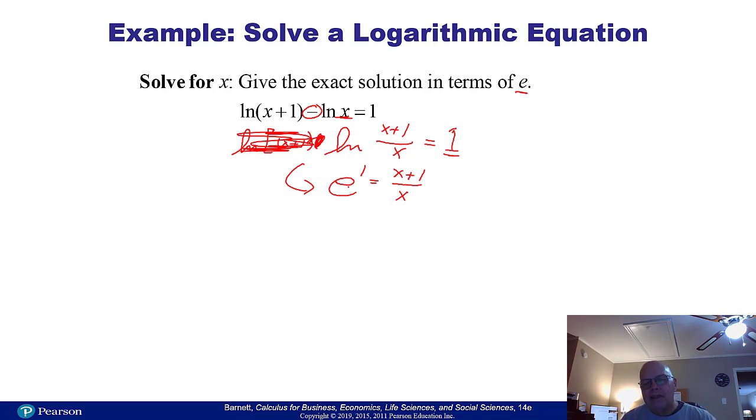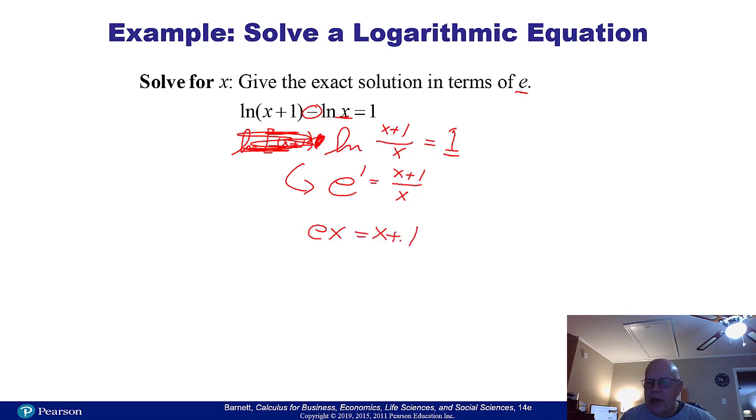Now you could just put 2.718 whatever in here because that's what e represents, but let's leave the e there for the time being. If we want to solve this as a regular equation, we'll multiply both sides by x. So we've got e to the x equals x plus 1.